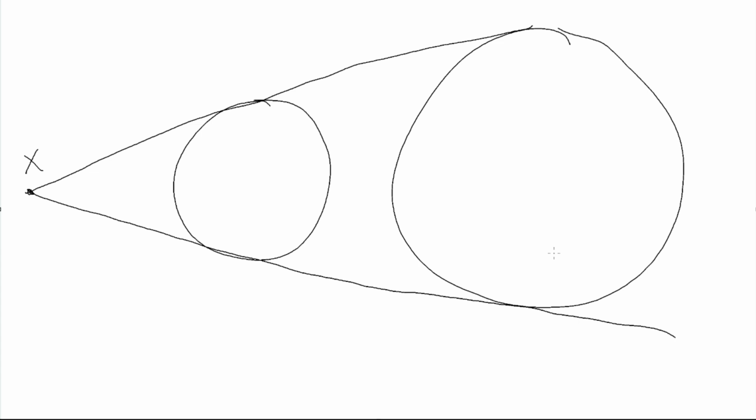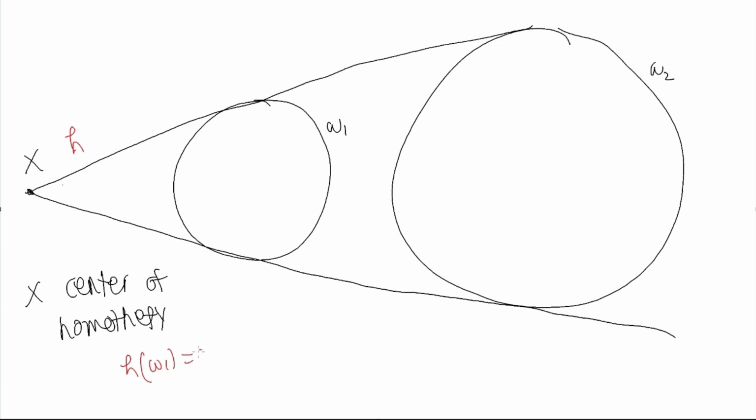And this definitely makes sense given our line of sight and shadow analogy. So that means that when we have these external tangents, then x is the center of homothety. So if we call this omega 1 and omega 2, we can create a homothety h centered at x such that h of omega 1 is equal to omega 2.